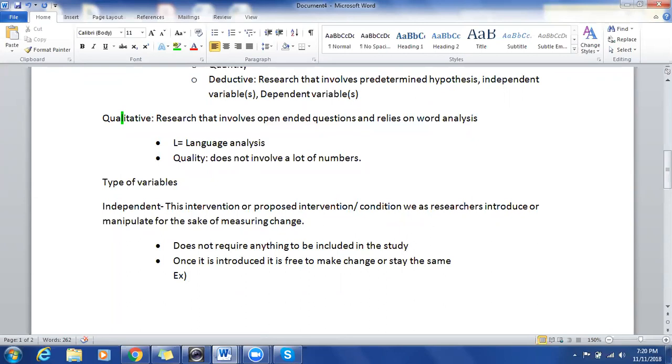Then a smart researcher says, hey, let's see if transportation's a barrier. Transportation would be the independent variable because it's the thing that we introduced within the study to make the change.